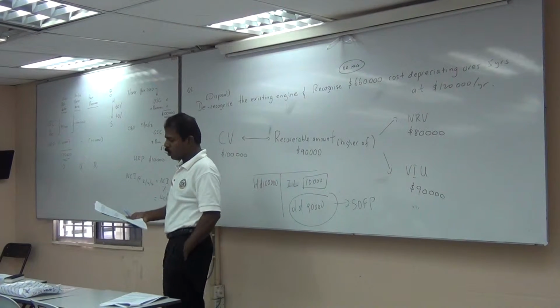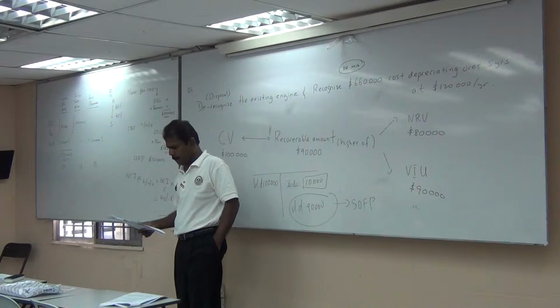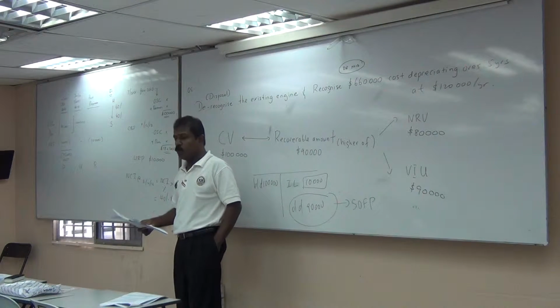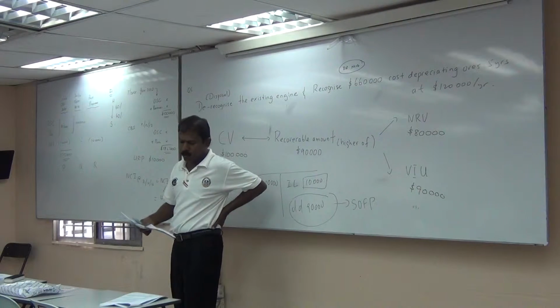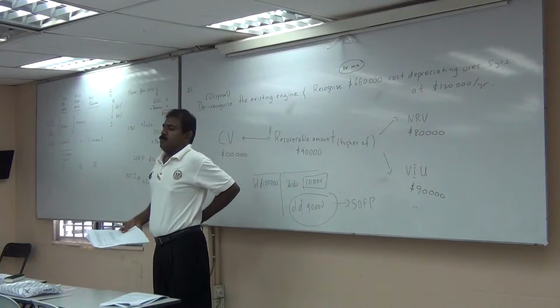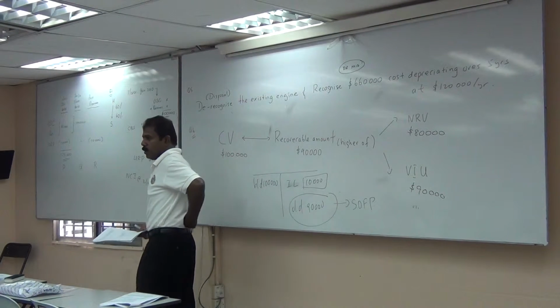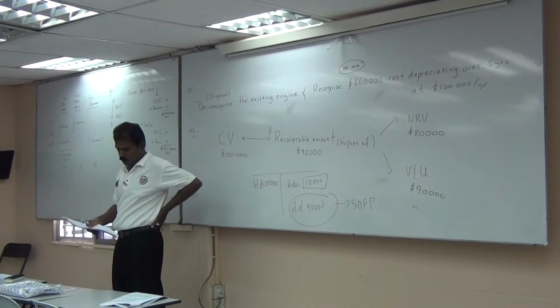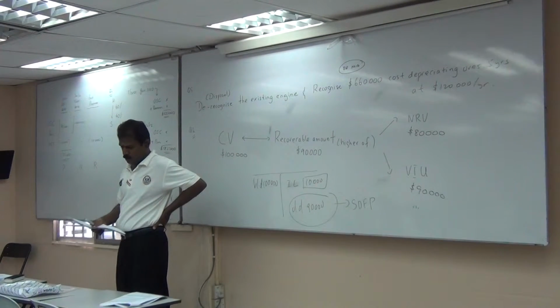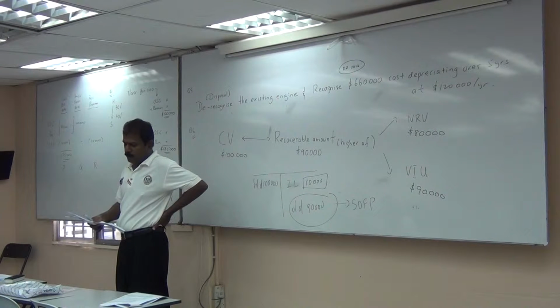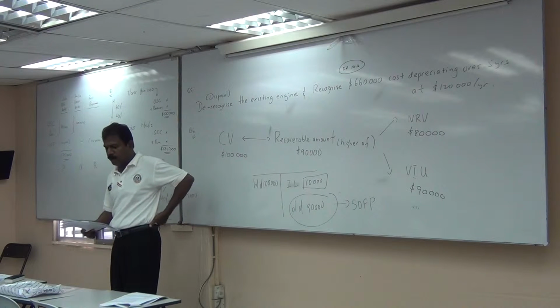Question 8 is on provisions. Bracket, you write provisions. A new law has been passed which will require a company to adopt new special health and safety procedures in one of its 3 factories on 1st January 2014, and the board is advised that this will amount 800,000 at that point of time.